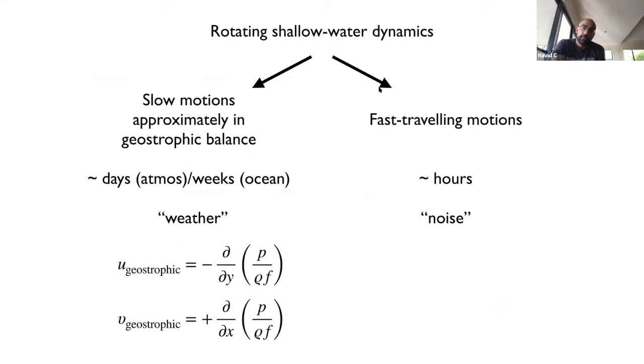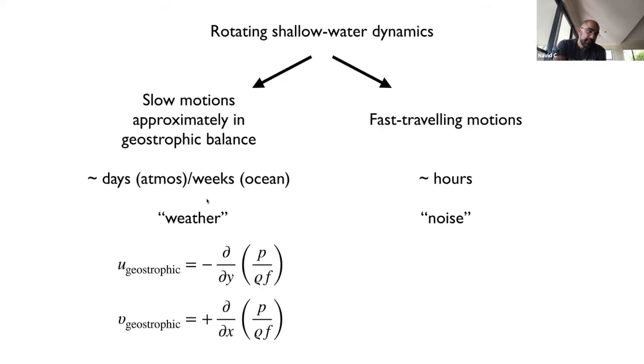Fast traveling motions, which vary in timescales of hours, and they can be considered noise. And these slow motions that are in approximately geostrophic balance, and they vary much more slowly. In the atmosphere they change in the order of days, whereas in the ocean it's in the order of weeks or months.